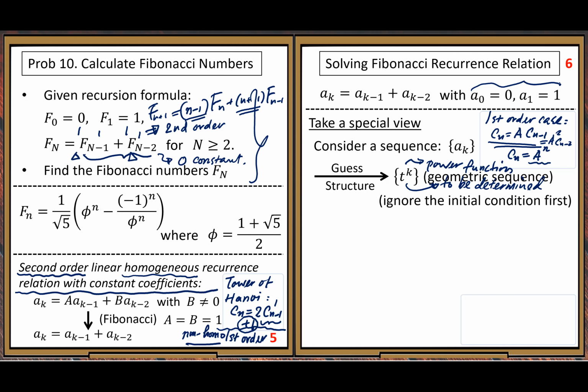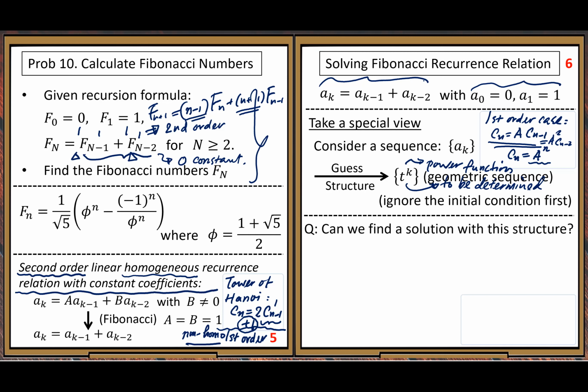We just want to make our current problem as simple as possible. So let's just ignore the initial condition. We only want to consider a solution for the original recurrence relation. So let's plug in.